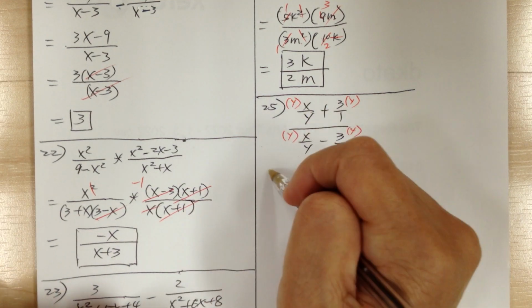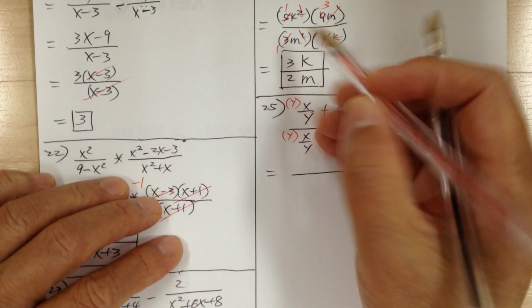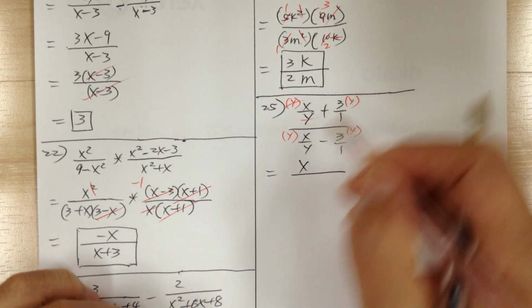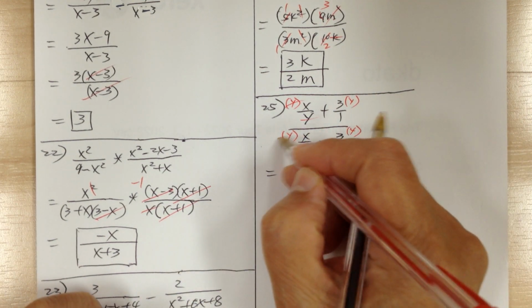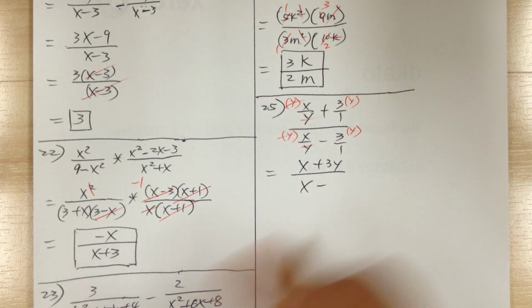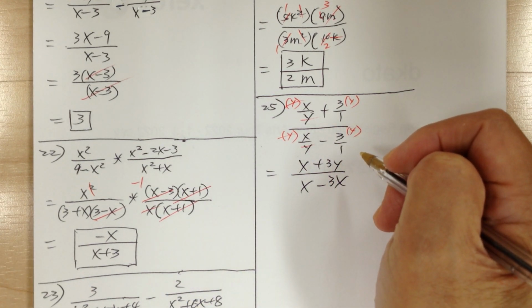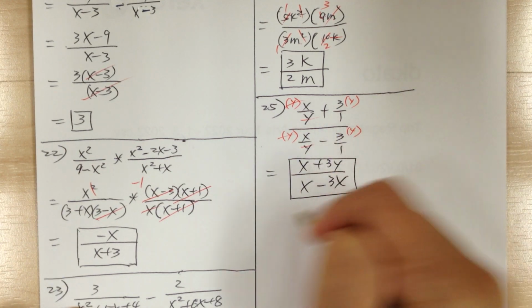After that, you can cancel. This and this cancel, so you're going to get x. This one does not cancel, so it'll be plus 3y. On the bottom, the y cancels out, so you get x minus. This one does not cancel, it'll be 3x. This one you cannot do anything to. Okay, and that's it.